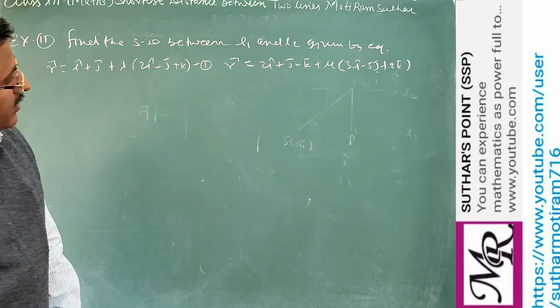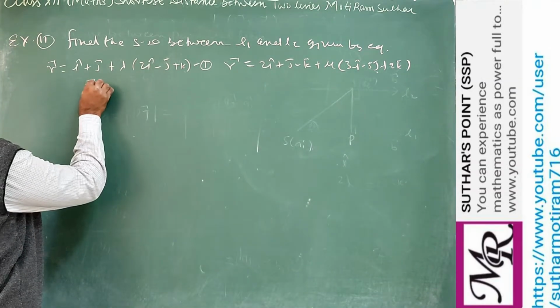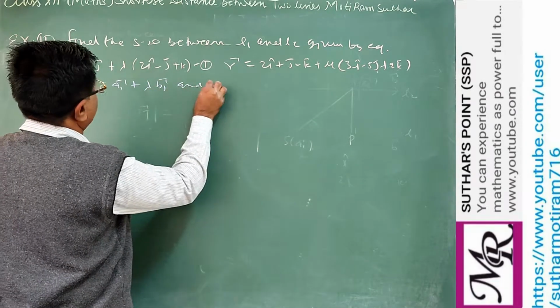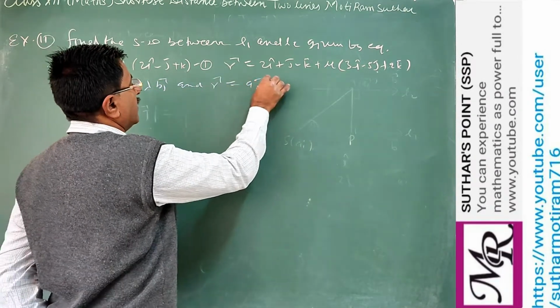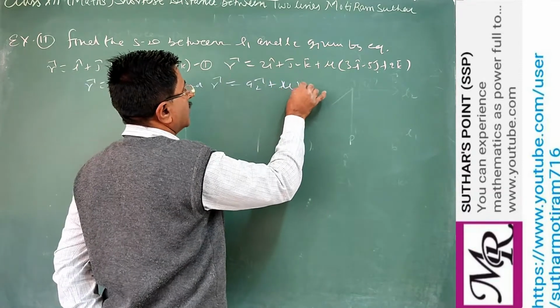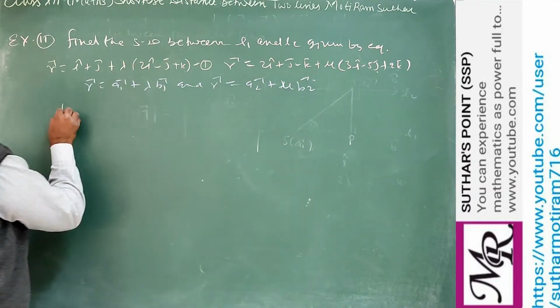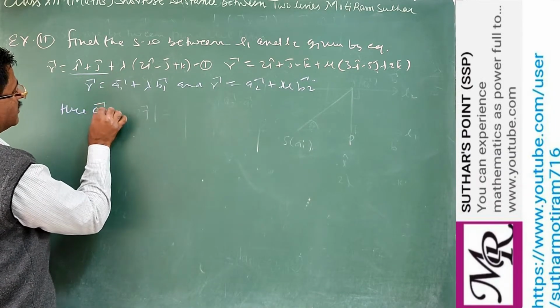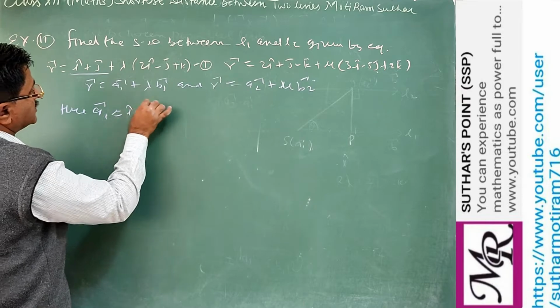So we use the general formula and compare with vector r equal to a1 plus lambda b1, and the second as vector r equal to a2 plus mu vector b2. So here vector a1 is i plus j.